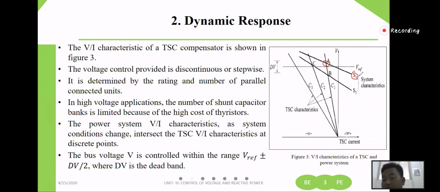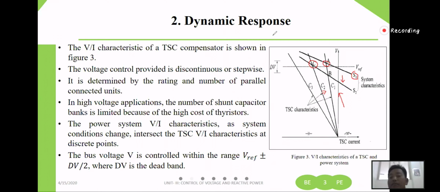Now when it changes suddenly to S2, your voltage becomes very low. Why is it becoming low? There is voltage drop. Why is there voltage drop? Because of the inductive nature of the load. So there is more load, right? Which means we have to inject the reactive power so that our voltage will be at the required or within the acceptable range. So that's why we are putting this on.